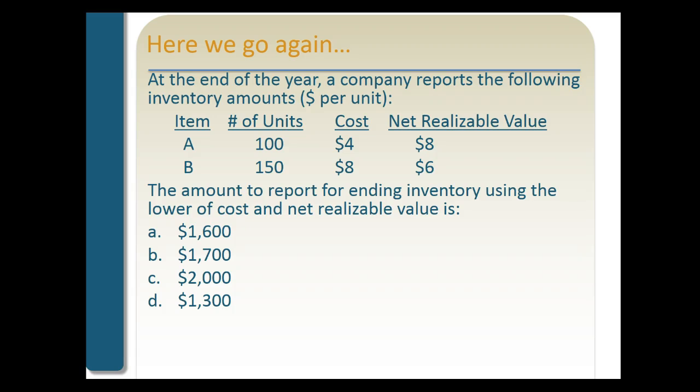The amount to report for ending inventory using the lower of cost and net realizable value is going to be A, 1,600, B, 1,700, C, 2,000, and D, 1,300.